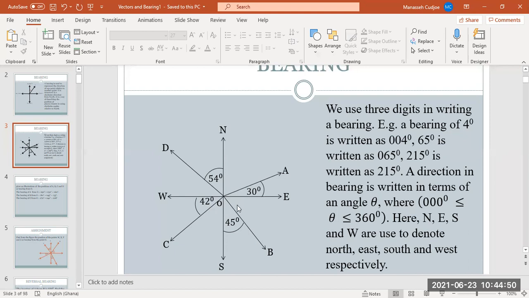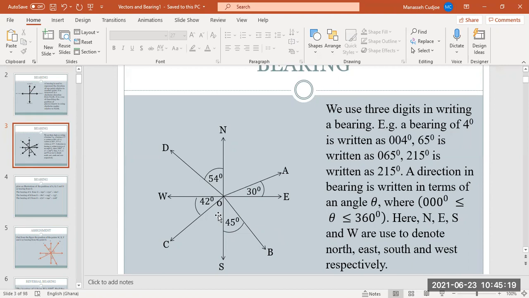Now this is another quadrant, which is also 90 degrees. So if here is 45, then the angle over here is also 45 degrees. So the bearing of B from O will be 90 plus 45. I'll sum, and that gives me the bearing of B from O. 90 plus 45 should give us 135 degrees.